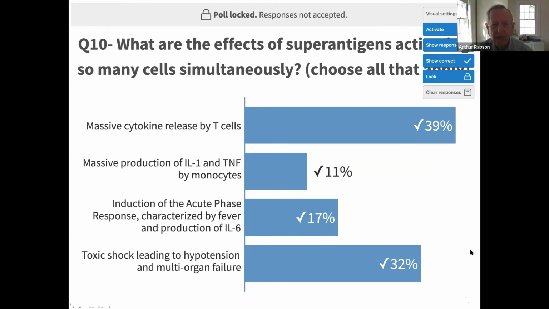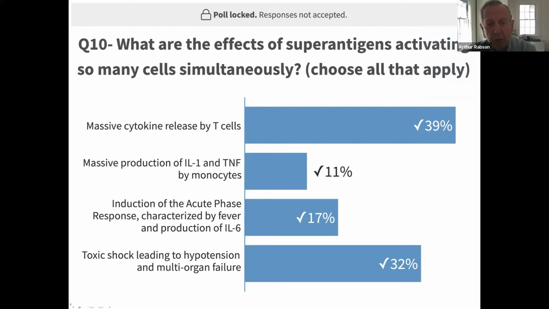Okay, so because of the time, you're right that there will be massive cytokine release by the T cells because they are so activated. Massive production of IL-1 and TNF by monocytes.